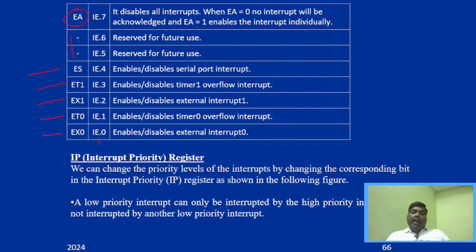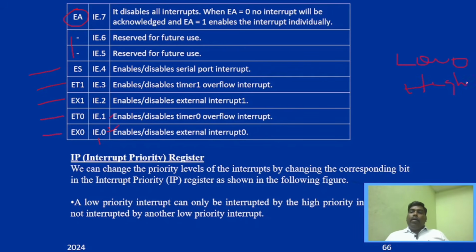Now, you will understand what the priority register is. The priority register gives the priority for the interrupt. You have two priorities here, 0 and 1, that is low priority 0 and high priority 1.